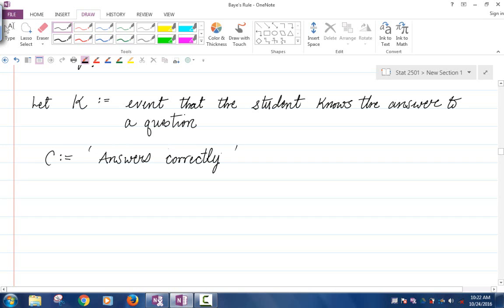So this is the event that the student answers a question correctly. Okay. What are we given? We are given that the probability of K, the probability that he knows the answer, is P, right? We also know the probability that he doesn't know the answer and guesses is 1 minus P, right?